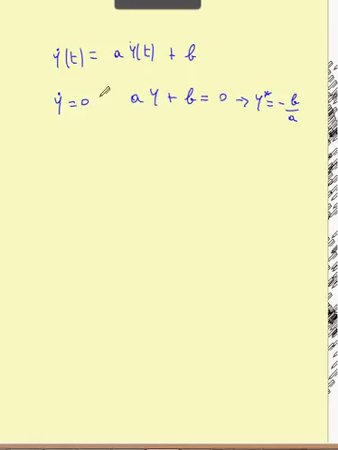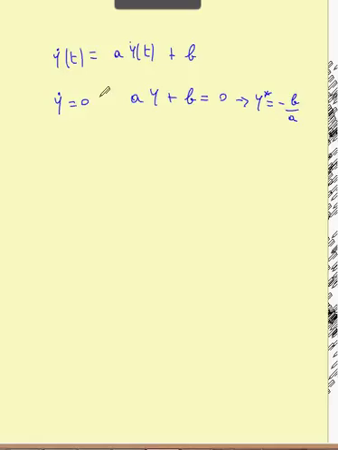If A is negative, y star will be globally stable. You can understand this point, okay? How can we solve this differential equation? The procedure is the same we have seen before, with the integrating factor.